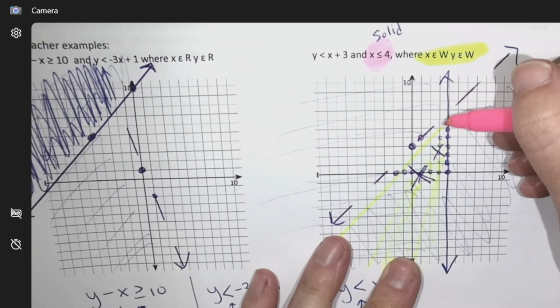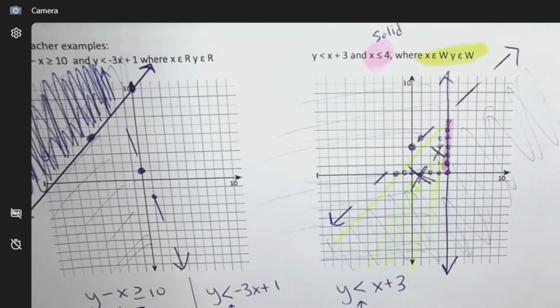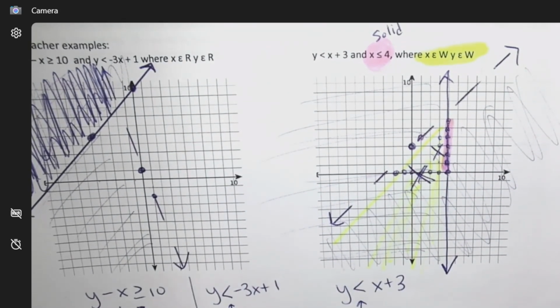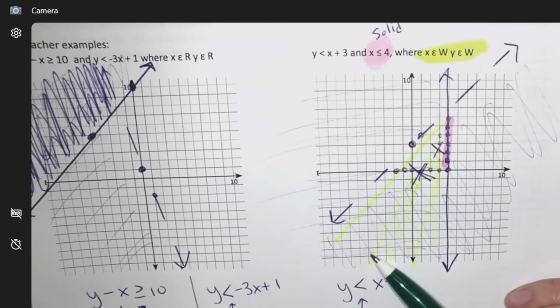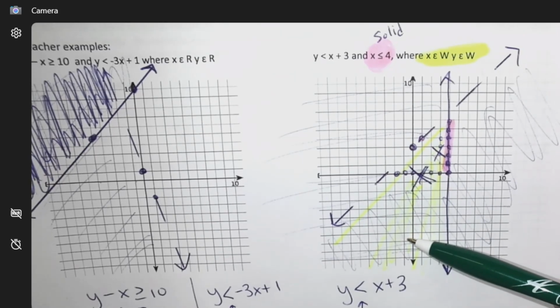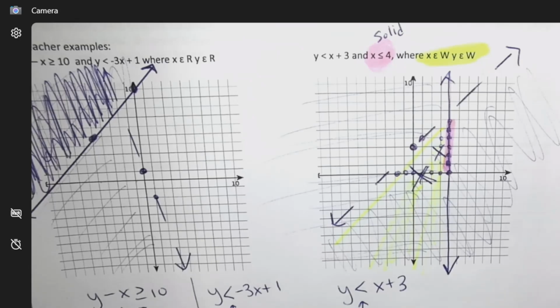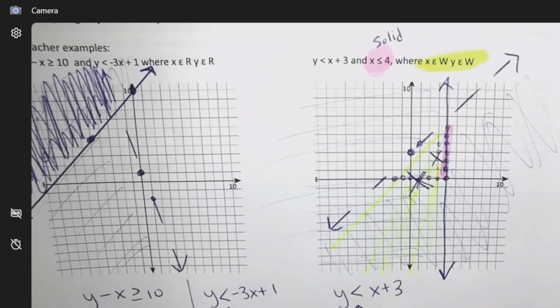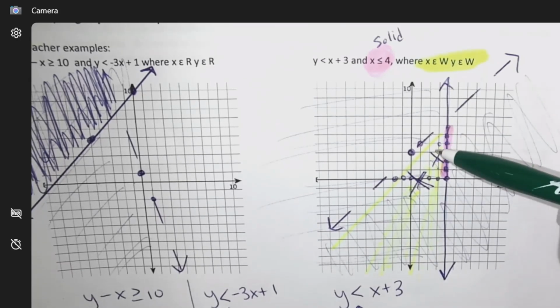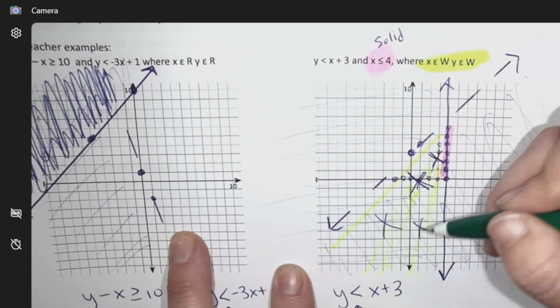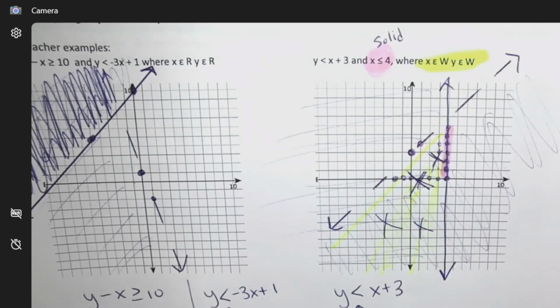These are the only values that end up working, because you have to be whole numbered. So this is the zone that works, but you have to get whole numbers for x and for y. Whole numbers can't be negative. Whole numbers start at 0. So these are the only solution points that work. So you have to pay attention. This is the region that works. But when you pick whole numbers, that eliminates your negatives, it eliminates your decimals.